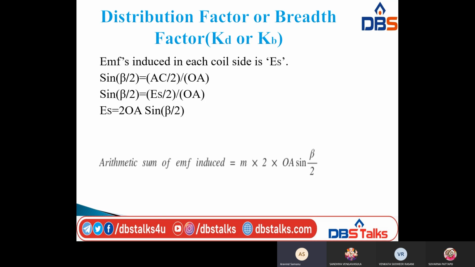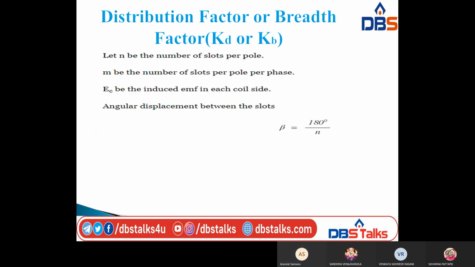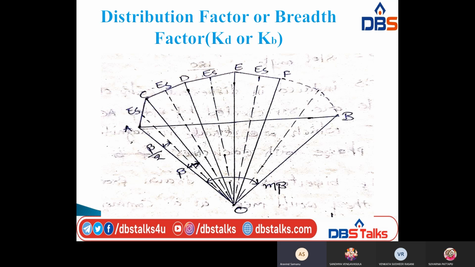And from that one I am taking sine beta by 2. Similar to the previous concept, where I took cos, here I am taking sine beta by 2. From this diagram, sine beta by 2 is equal to AC by 2 by OA.